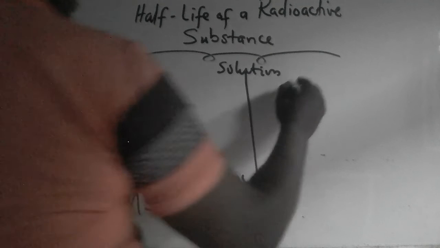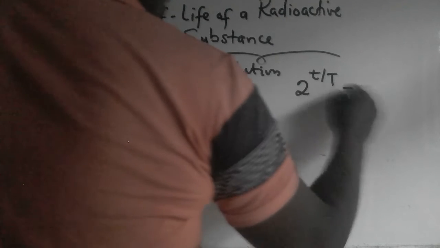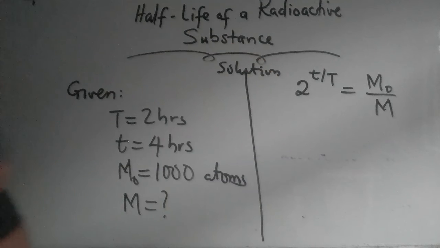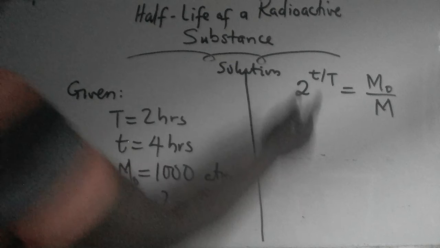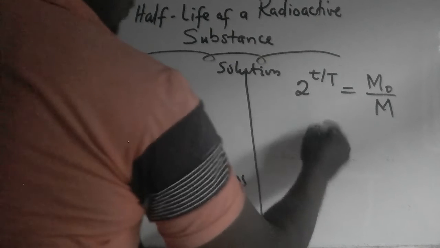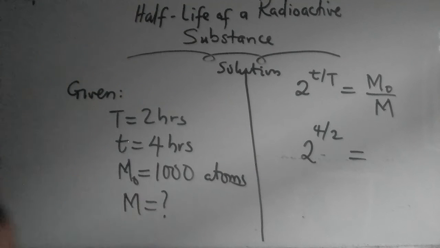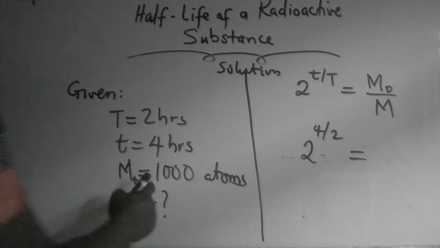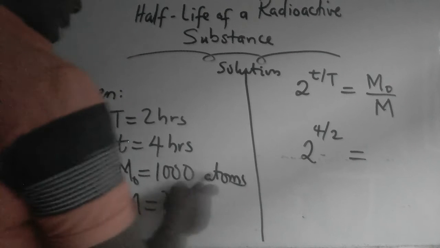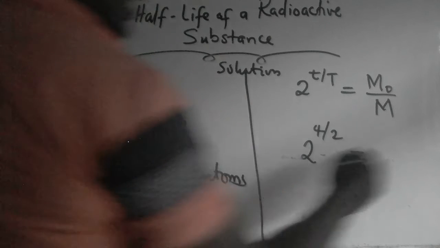To do so, we begin with the formula, which is 2 raised to power t all over T is equal to N naught all over N. So 2 becomes 2 raised to power 4 divided by the half-life 2 is equal to the N naught, which is the number of atoms. The number of original atoms is 1,000.